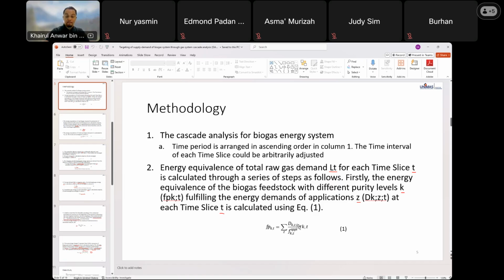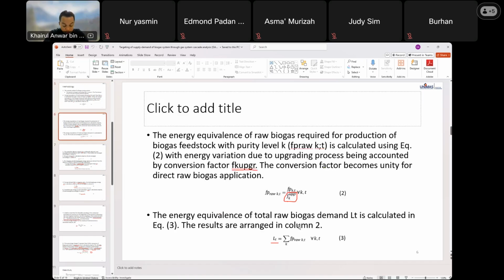Where FAPL for each application is the conversion vector to account for the energy losses associated with different applications. The energy equivalent of raw biogas requirement. So in order to do gas cascading, you need to have one table for the demand.